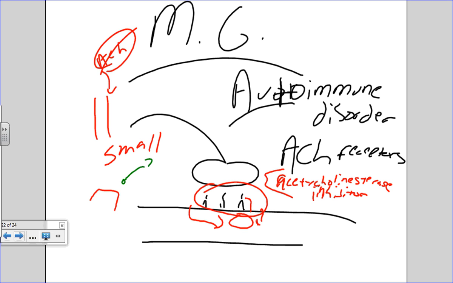What this enzyme does is it cleaves, it breaks this molecule, acetylcholine, into two separate molecules, acetic acid and choline, and then that's basically useless. So if you inhibit this enzyme, you increase your acetylcholine levels, and you increase the chances of acetylcholine coming in contact with this receptor. And then you have to go from there with the treatment.